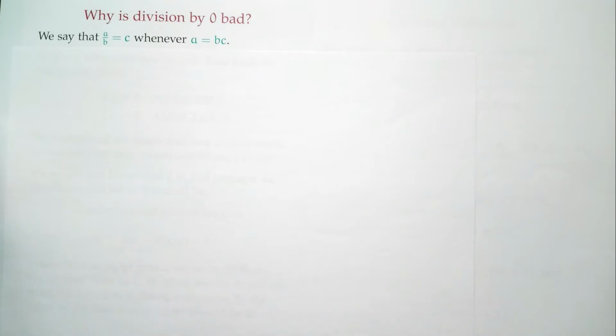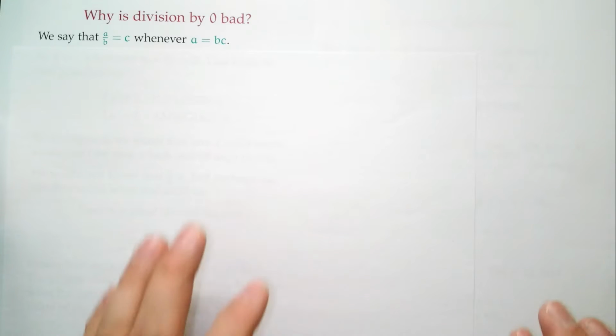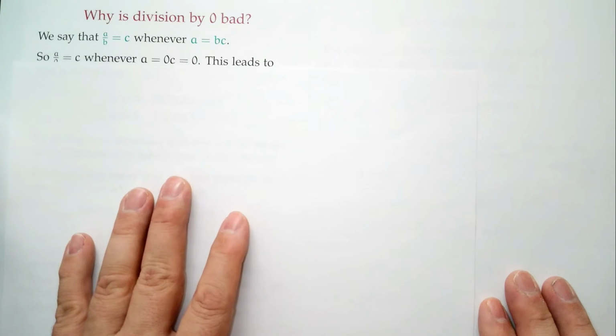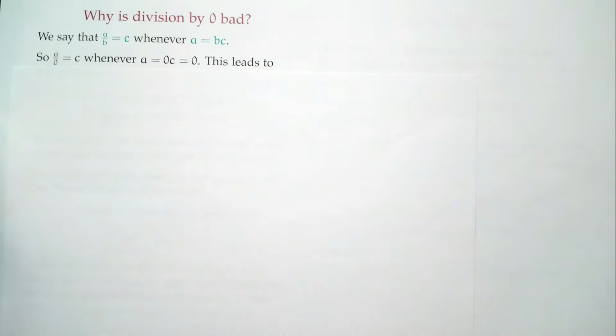So now we say, okay, suppose we have A divided by 0 equals something. So what happens? Well, it turns out that if A divided by 0 equals C, then following the guideline here, that means that it better be the case that A is equal to 0 times C, which means that 0 times C, we get 0. So we lead to two interesting and distinct possibilities.